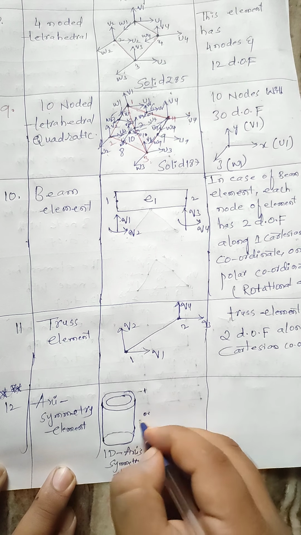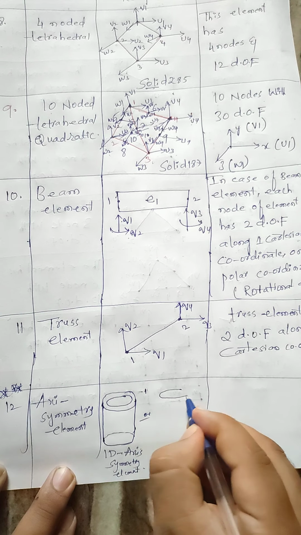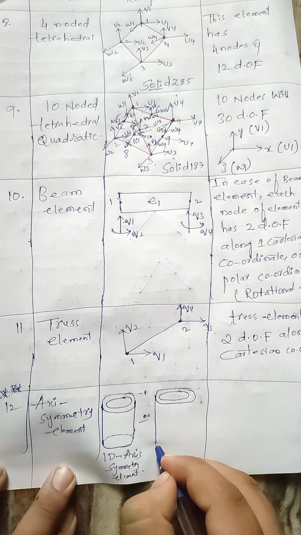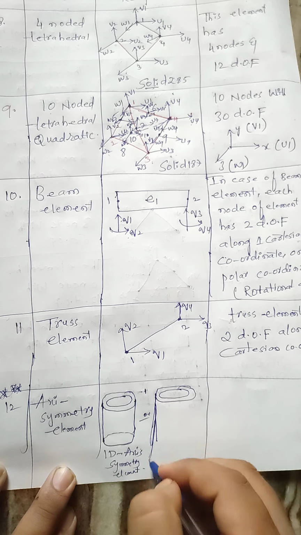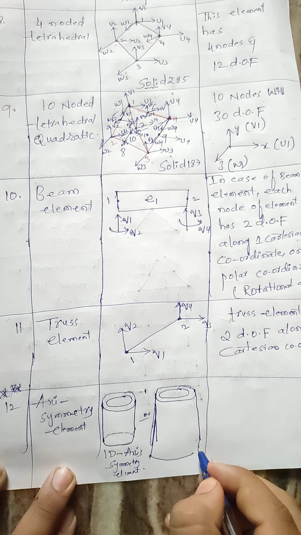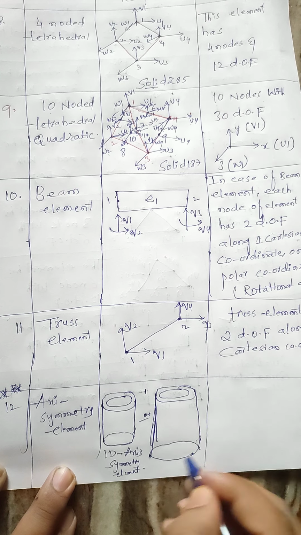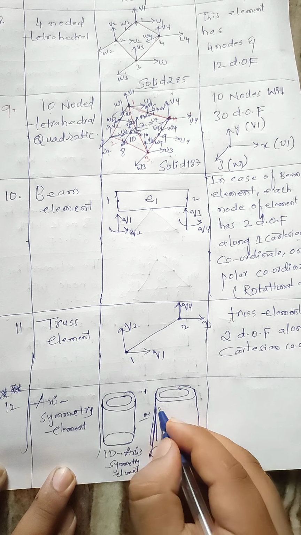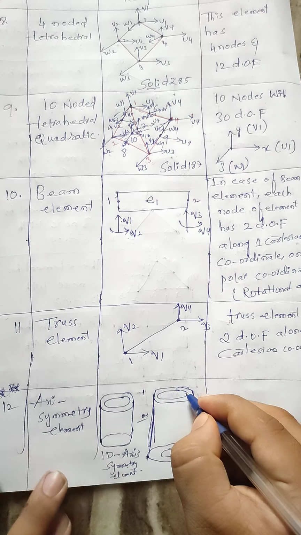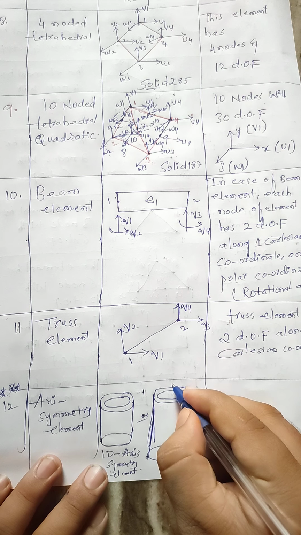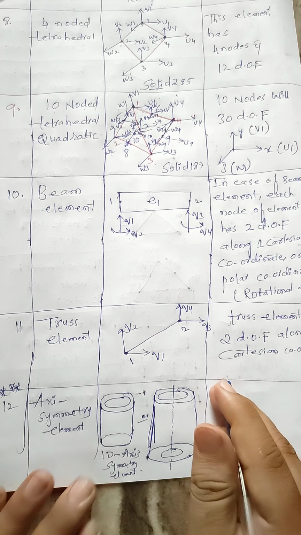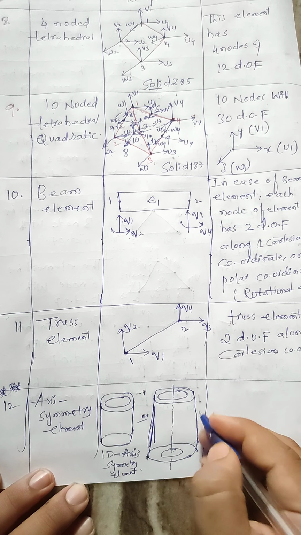Okay, let us see this figure again. So this point we need to join here. This is the axis of the Axisymmetric Element.